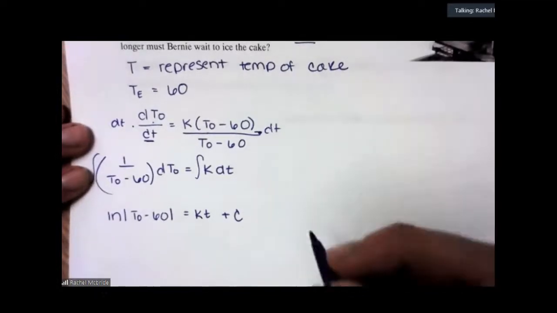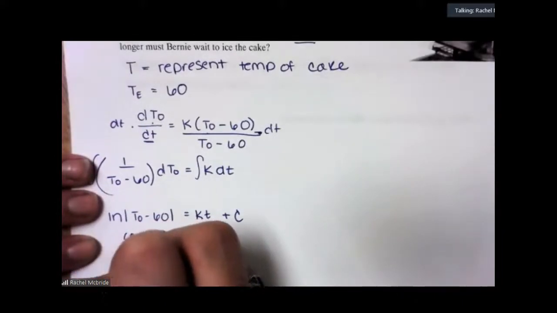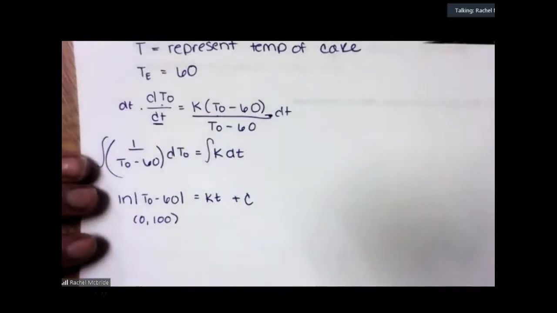Then we can use the initial idea that we had (0, 100), because that was the temperature when it came out of the oven.